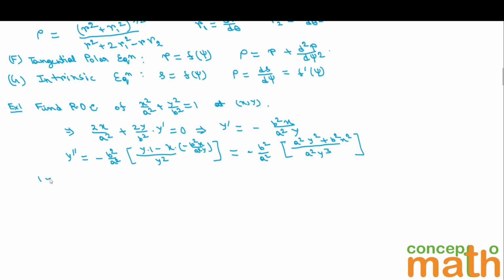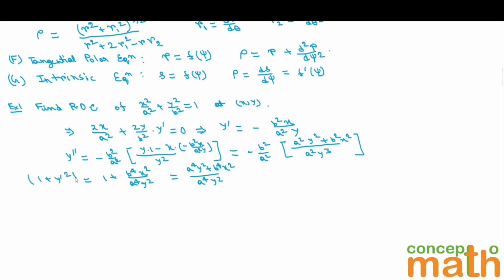so now 1 plus y dash square value is 1 plus b to the power 4 x square divided by a to the power 4 y square, which is (a to the power 4 y square plus b to the power 4 x square) by a to the power 4 y square.